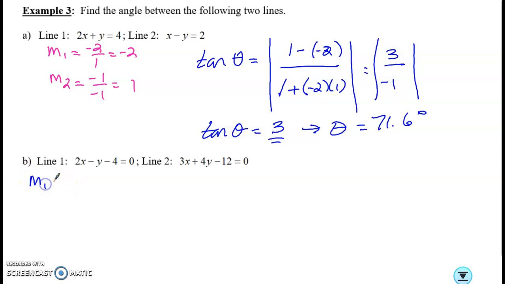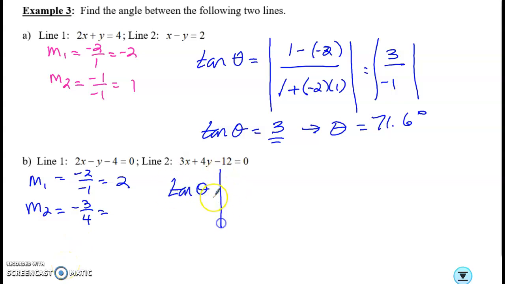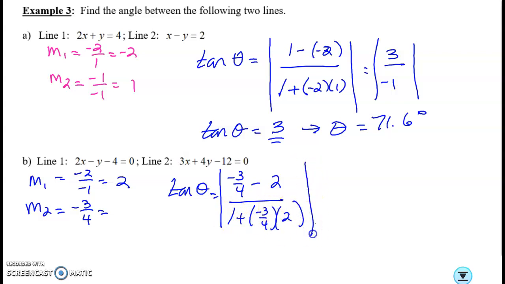Next one, line 1 slope, the opposite of A over B, would be 2. Line 2 slope would be the opposite of A over B, which is -3/4. Can't do really much of that. We've got the tangent of theta equals -3/4 minus 2, divided by 1 plus -3/4 times 2.